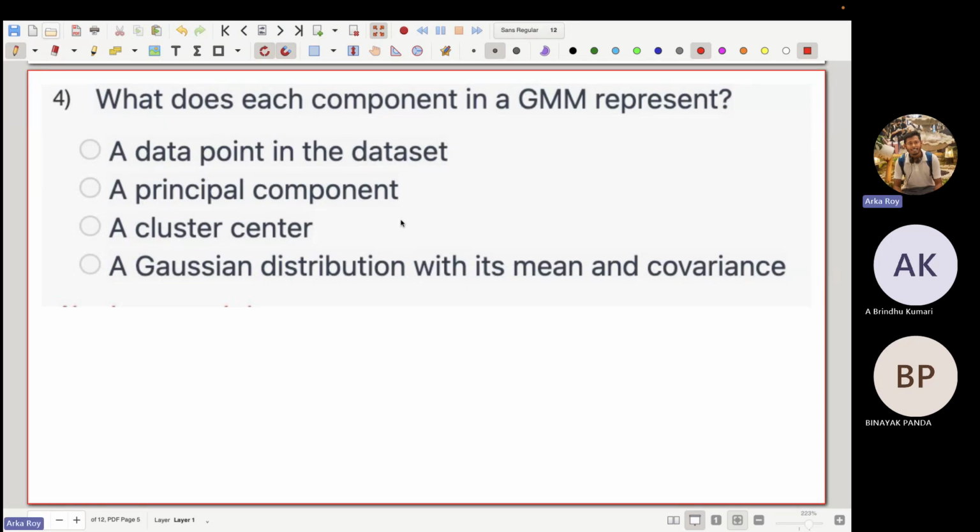Okay. So the next question states: what does each component in Gaussian mixture model represent?